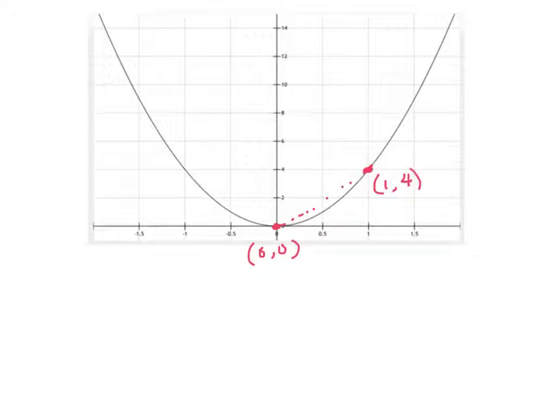So 4 minus 0 divided by 1 minus 0, we get a slope of 4. Now this is called a secant line. And a secant line just has 2 points on a curve and connects them with a line. And important to note, it's not the slope at 1. Here's the slope at 1. It's less than that. But it's not a terrible estimate.